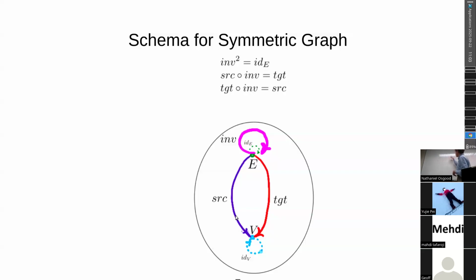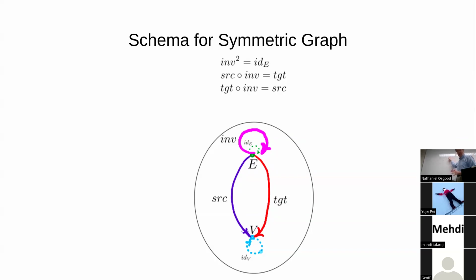First of all, if we square involution, if we apply involution twice, we go from 1 to 2, and then applying it again brings us back to 1.